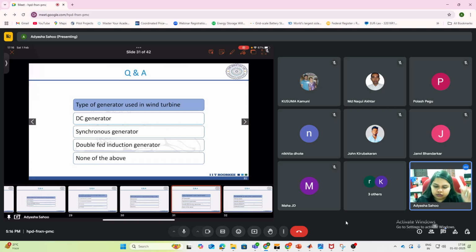The next is which type of generator is used in the wind turbine? DC, synchronous, DFIG, or none? Someone says DFIG.